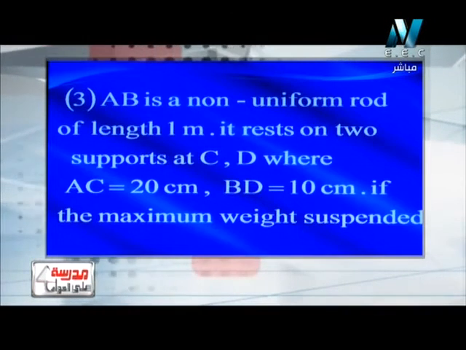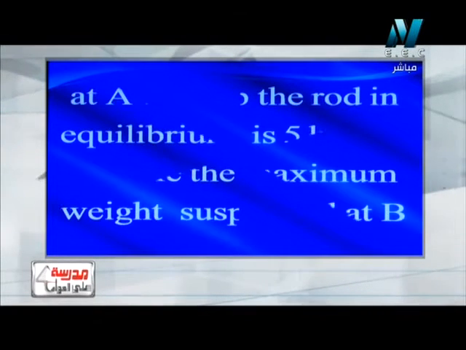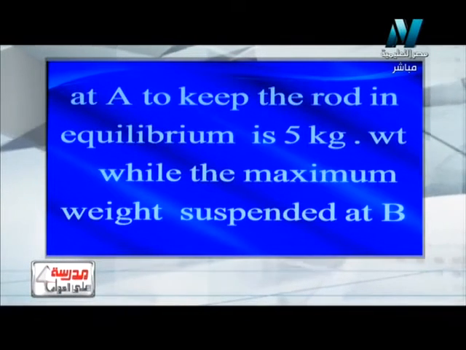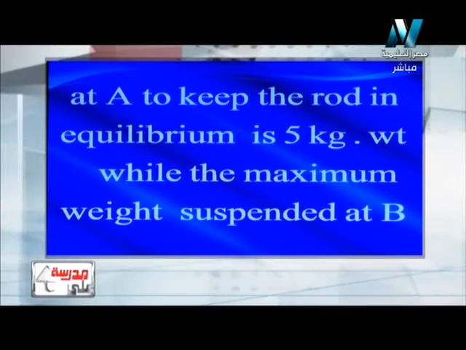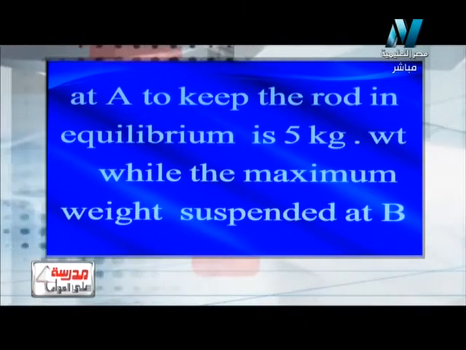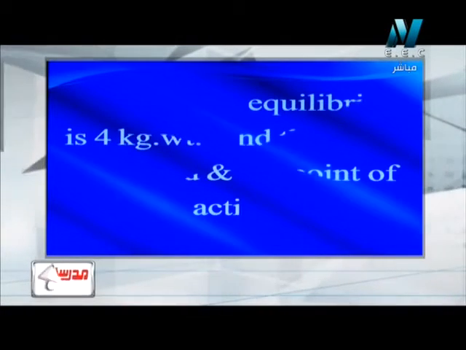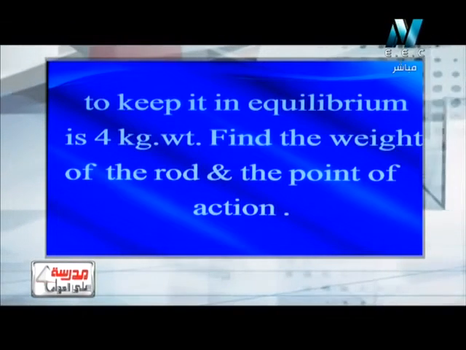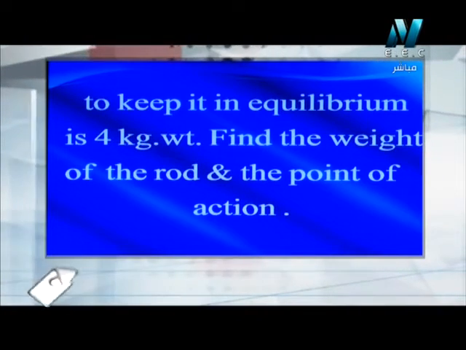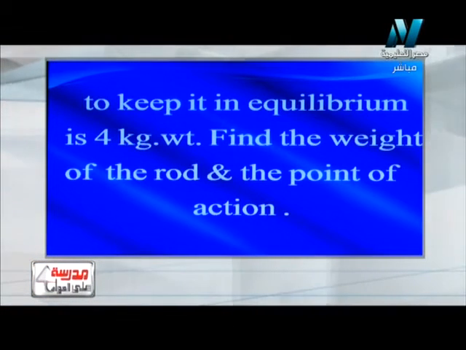So if the maximum weight suspended at A to keep the rod in equilibrium is 5 kilogram weight, while the maximum weight suspended at B to keep it in equilibrium is 4 kilogram weight. So find the weight of the rod and the point of action.